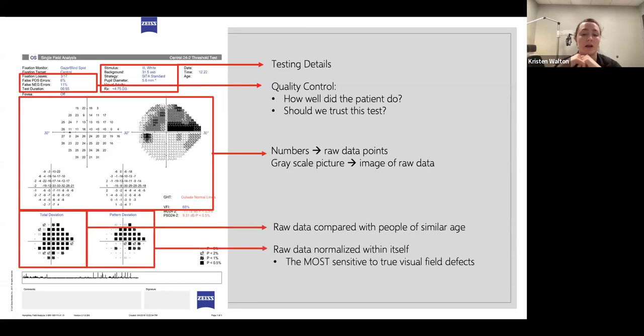And then the other one's raw data normalized within itself. So that's the most sensitive to the true visual field defects, because sometimes people have dense cataracts or something else pathological going on. And that tries to thin all of that down to figure out, okay, what from the nerve are they actually seeing?